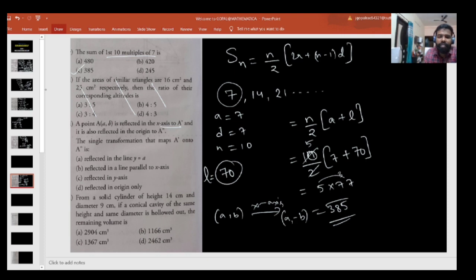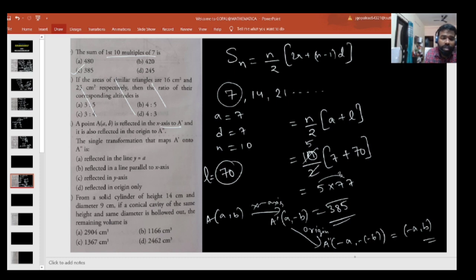And then this is again reflected in the origin, and if you reflect this in the origin, we get A double dash. This is A dash, this is (a, minus b), and both signs become negative. So minus a and minus of minus b, this now becomes positive b. So this is the transformation.